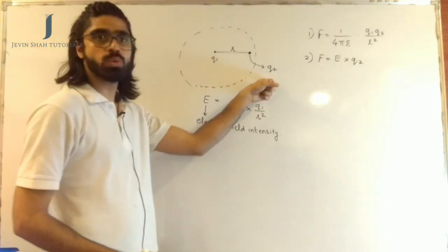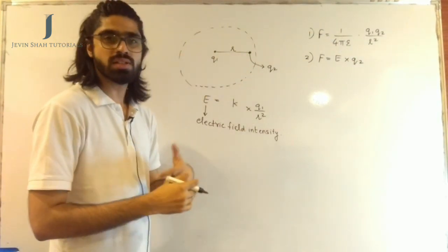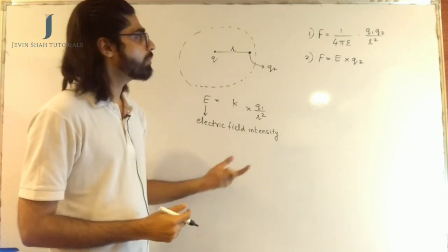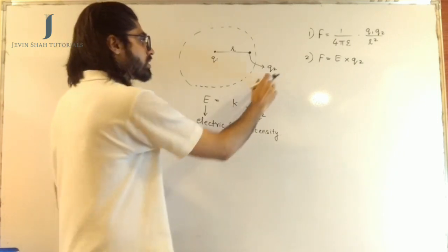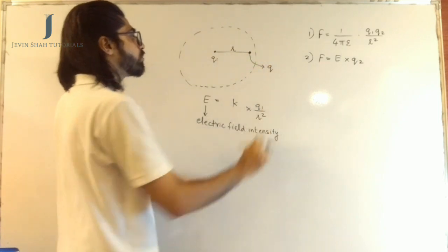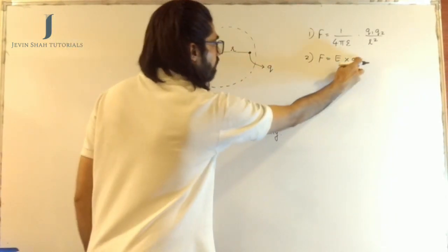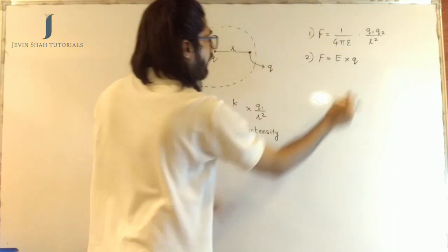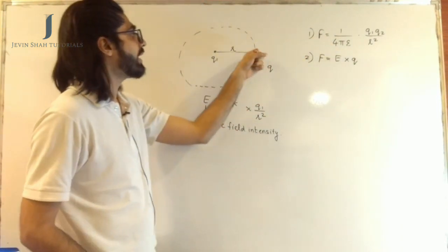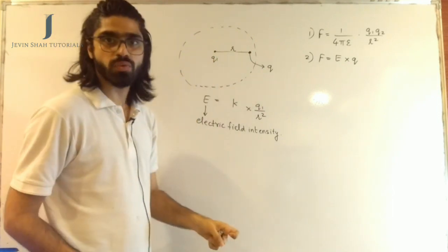Now let's not call it Q2 because since we are writing a general formula, we will prefer to use the terms the way they are. So instead of Q2, let us say that the charge that I was putting over here was Q. Then the force experienced by Q will be E multiplied by Q. And E was the electric field intensity at this point because of the charge Q1.